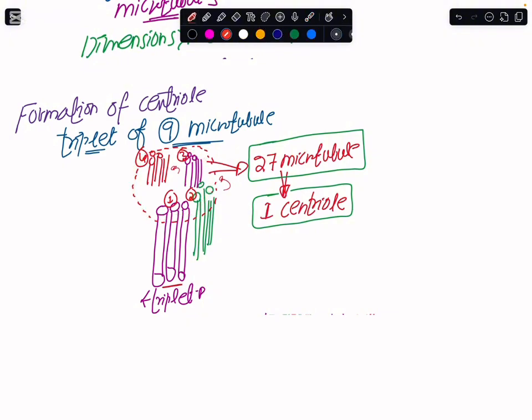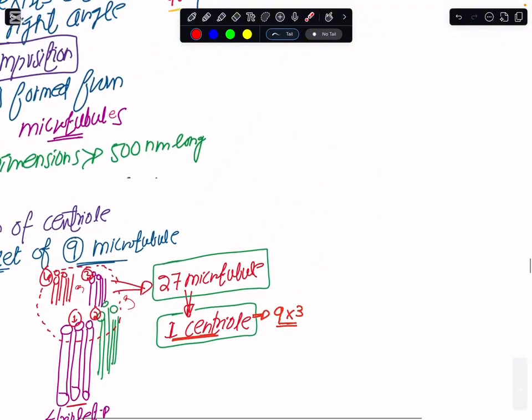The usual calculation: to make one centriole, how many triplets do I require? I require nine triplets, and each triplet has a total of three microtubules. So in one centriole, the total would be 27 microtubules, arranged in the form of nine triplets.